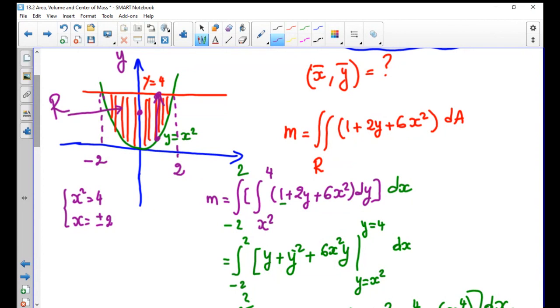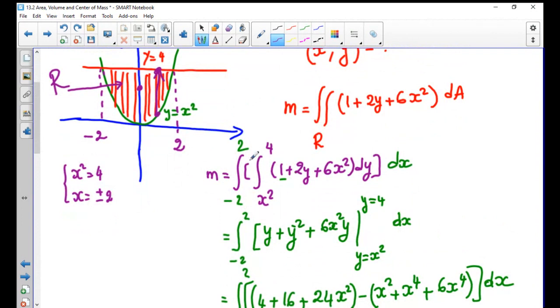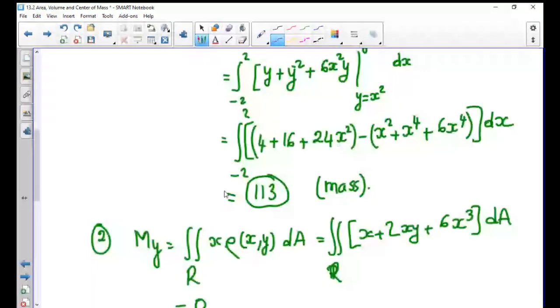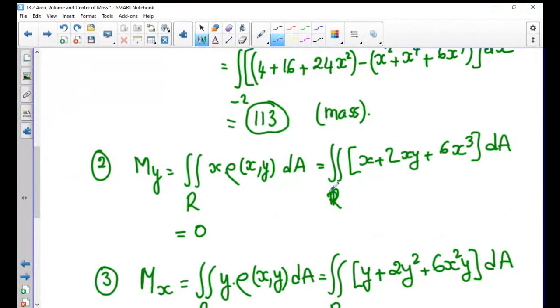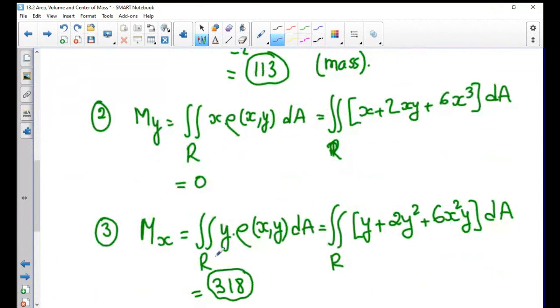Think of this as a metal piece which is cut in this shape, and you want to know where is the center of this metal piece. So R is still the same. These boundaries are exactly the ones you will use here, and also here.